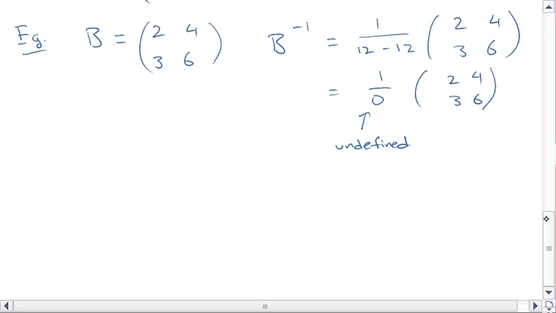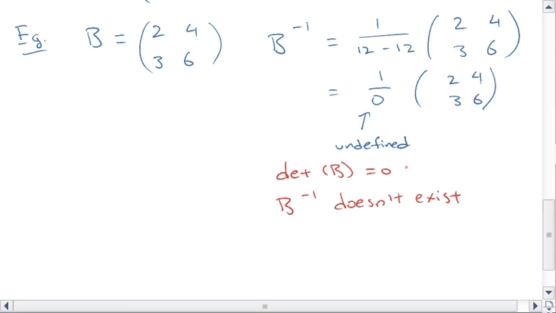So what we actually say, so our determinant, right? A determinant is the bottom of this fraction. The determinant of B was 0. And when this happens, B inverse doesn't exist. Right? We can't find the inverse of the matrix.